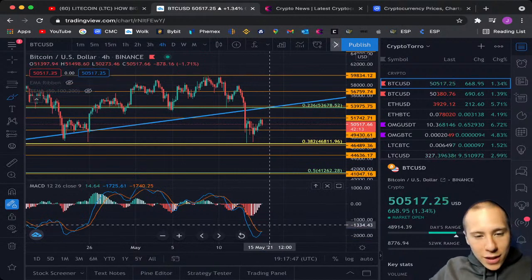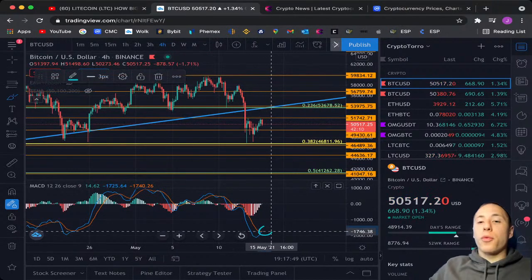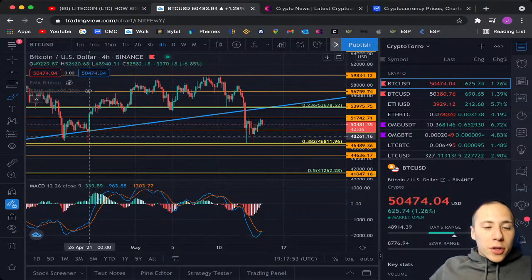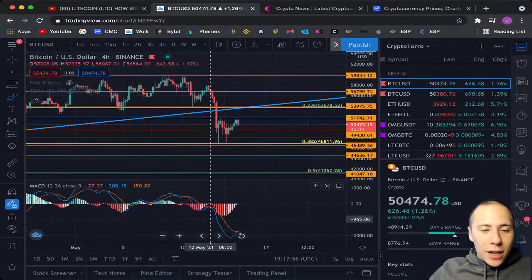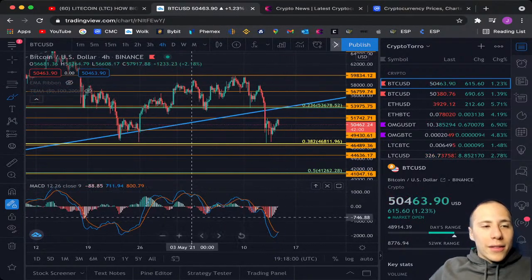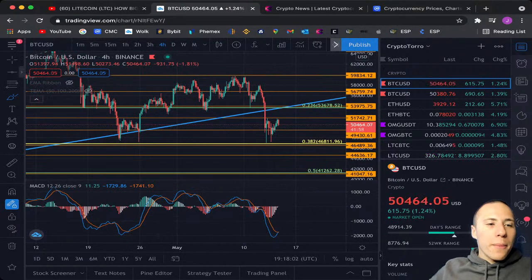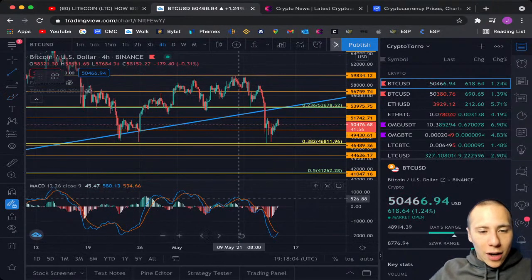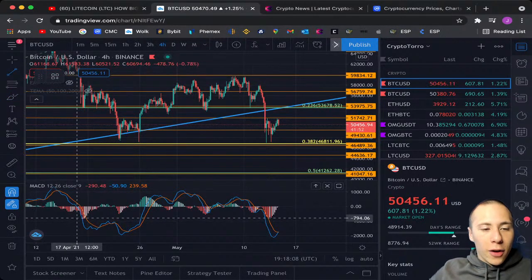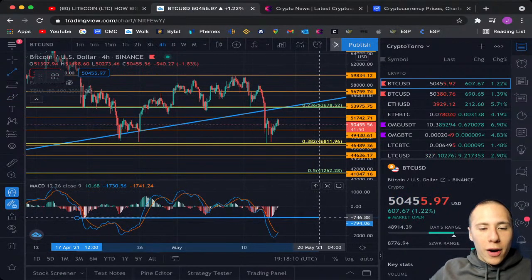Once this crossover is made, and that's actually right now, I think we will be seeing momentum towards the upside being created, especially because, as you can see in the past as well, there won't be way more momentum towards the downside on the MACD, because the MACD does not tend to fall even further than where we are right now.